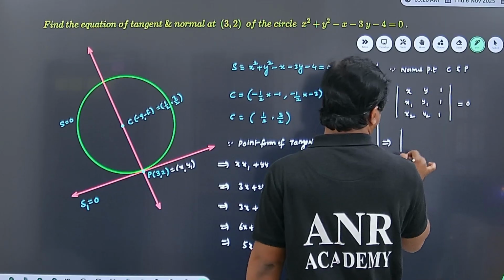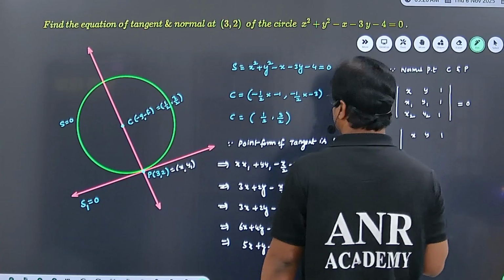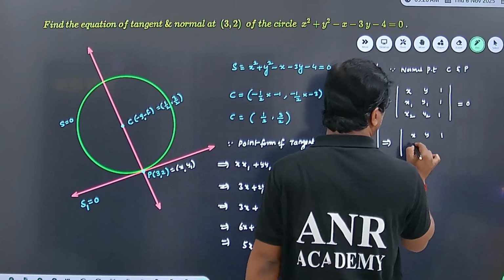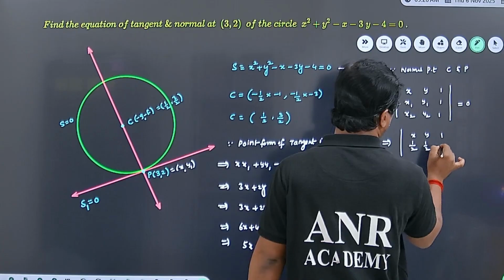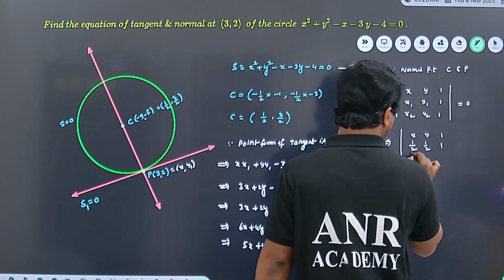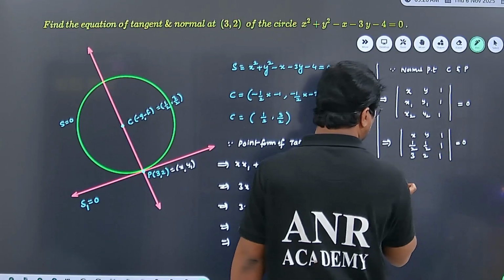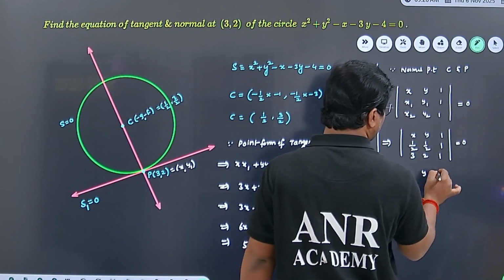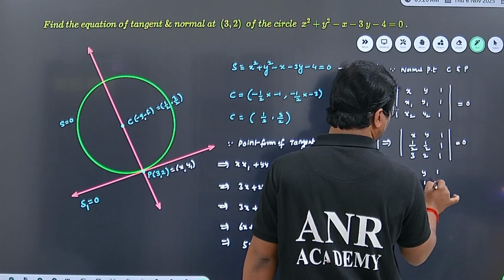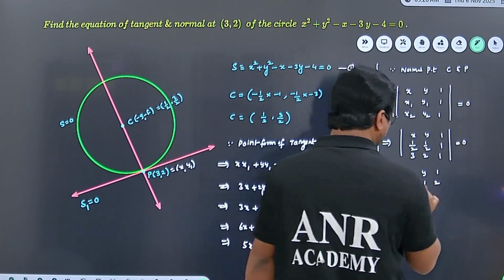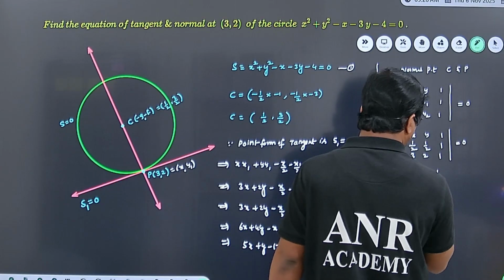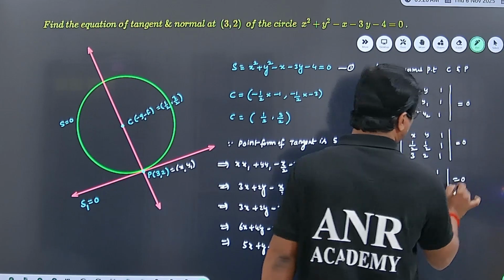Yes, here x, y, 1, center coordinates 1 by 2, 3 by 2, 1. Next two coordinates 3, 2, 1. It is equal to 0. x, y, 1, 1, 3, 2, next 3, 2, 1. Determinant equal to 0.